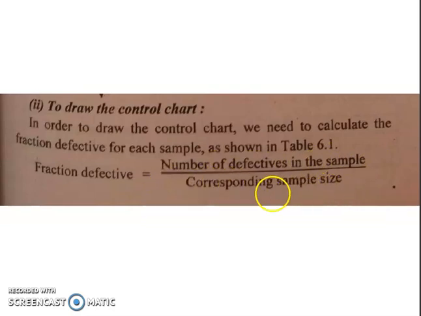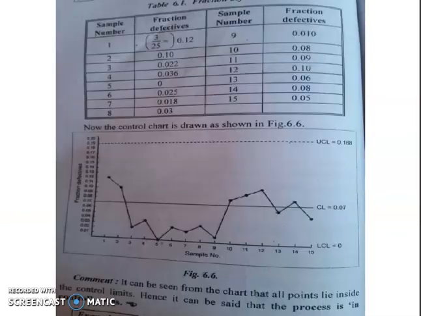This is not directly given in the problem, so you have to calculate it for 15 samples. For example, sample number 1 has 3 defectives and sample size 25, so you get 0.12. Similarly, calculate the fraction defectives for all 15 samples.